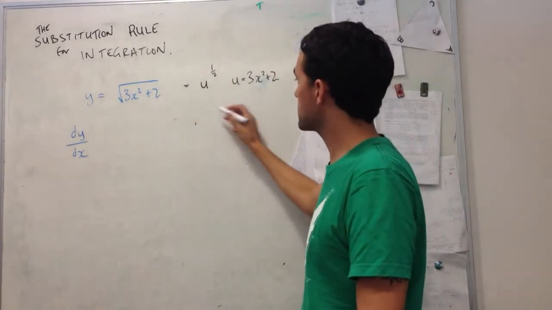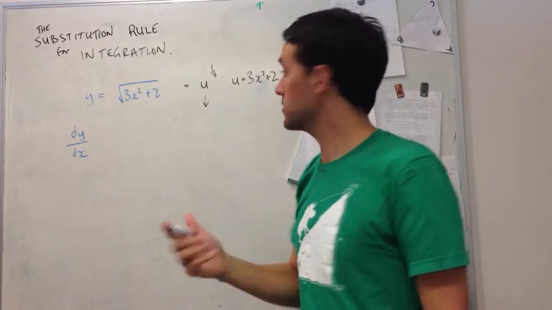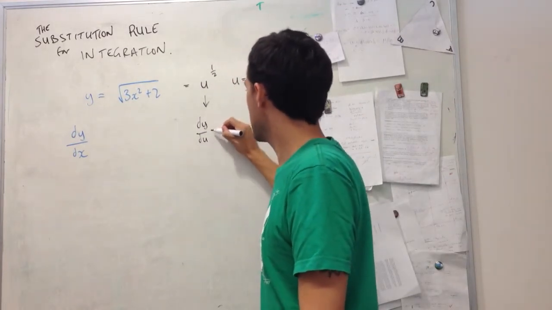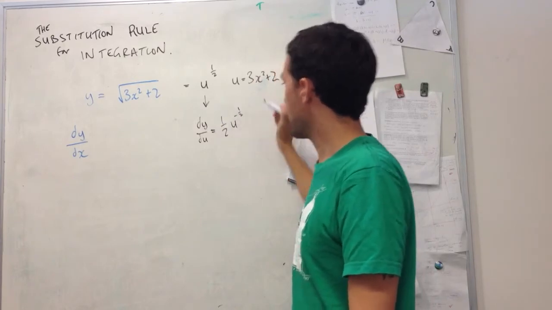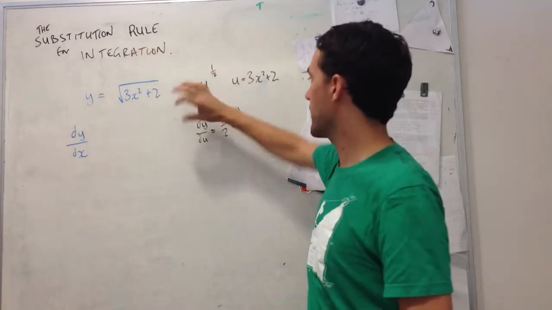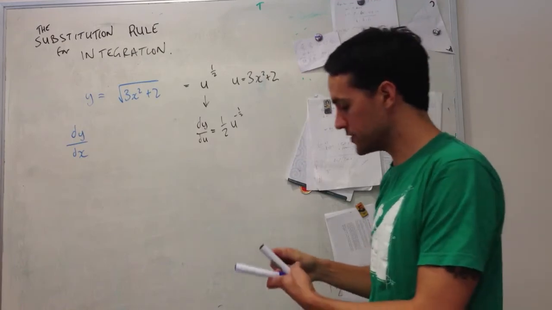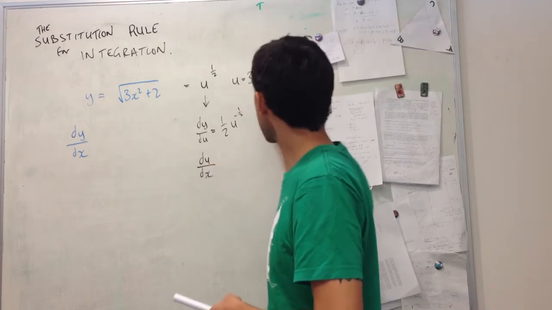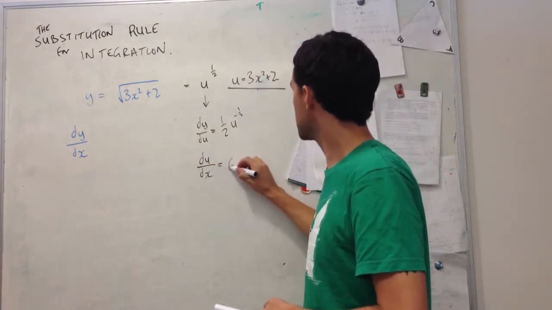And so we first find the derivative of this with respect to u. So dy/du gives us half u to the negative half, just the rule of multiplying by the power and then subtracting 1 from the power. And then we also find du/dx, that's from up here, and that gives us 6x.